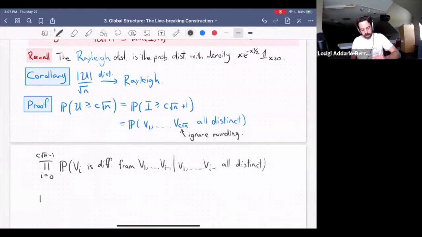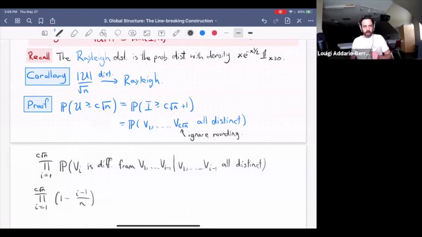Okay, and so that's just asking for a random sample from 1 up to n to avoid i minus 1 particular values. So we can write that as a product, from i equals 1 to C root n, of 1 minus (i minus 1) over n.